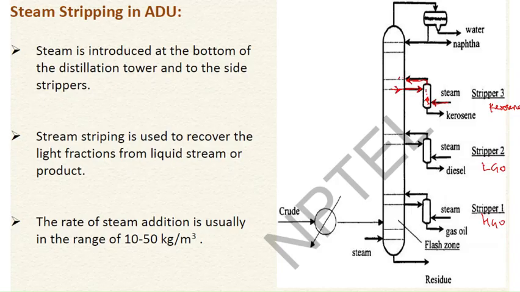So if some portions lighter than kerosene are also available in this cut, then this steam takes those lighter portions along with it to the upper plate, than the one from which kerosene was taken, and gives them as reflux.